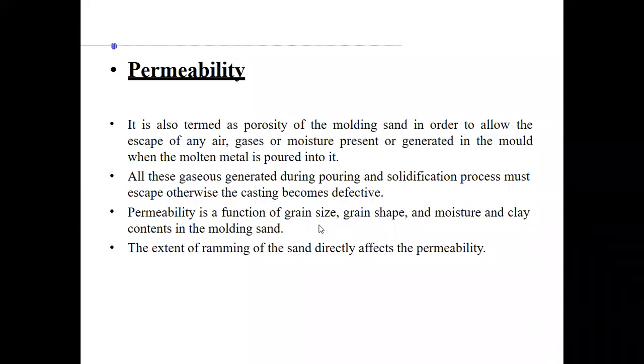Let me call some names. 158 Bharat. 158 Bharat.